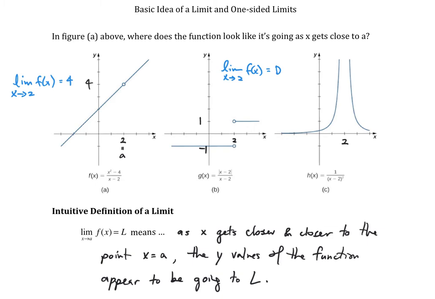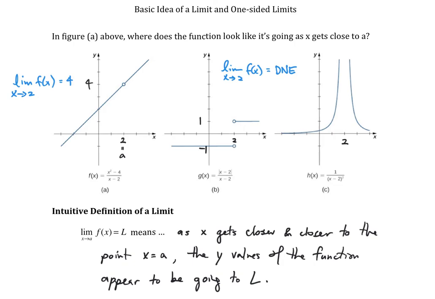So I'm going to put DNE to mean does not exist. The reason why I say it does not exist is it looks like it's going to -1 when you come from the left, but it looks like it's going to +1 when it comes from the right. So it doesn't look like it's going to just one single number. It looks like it's going to 2 different numbers.